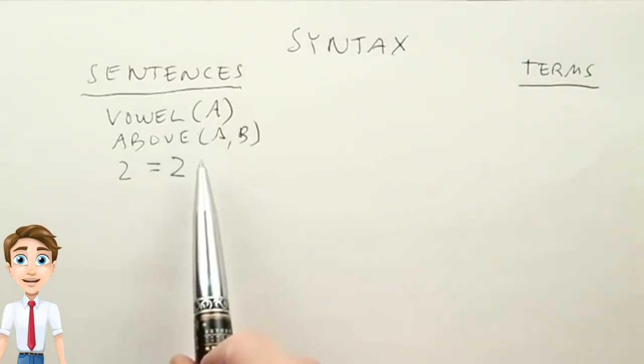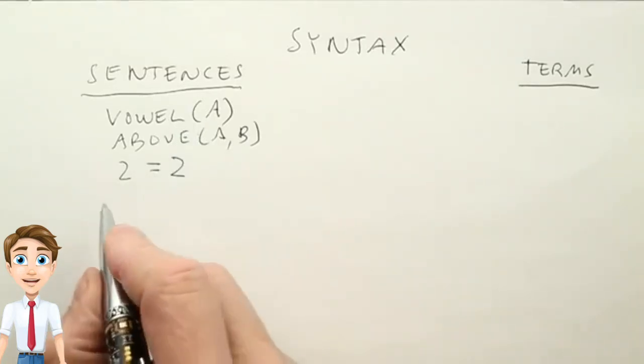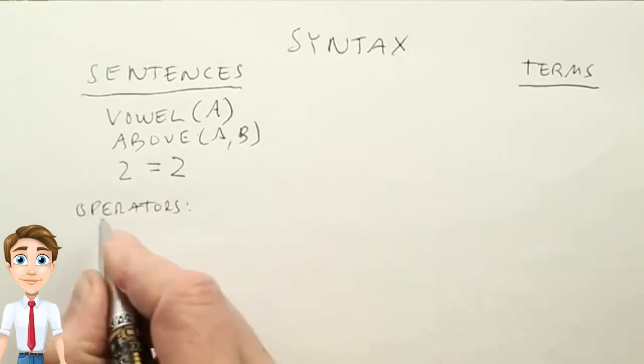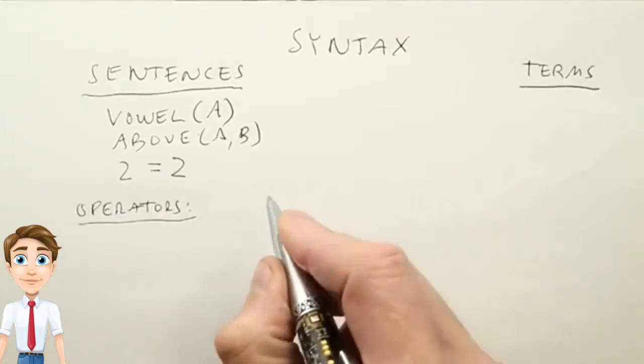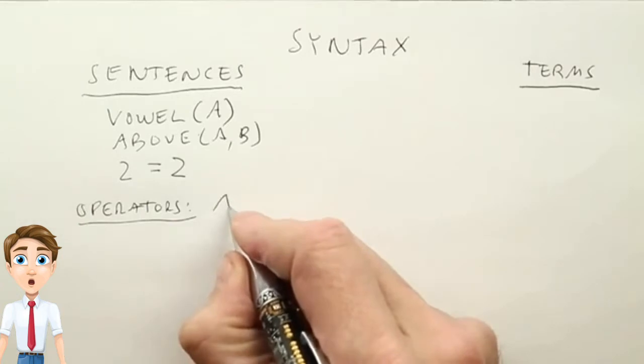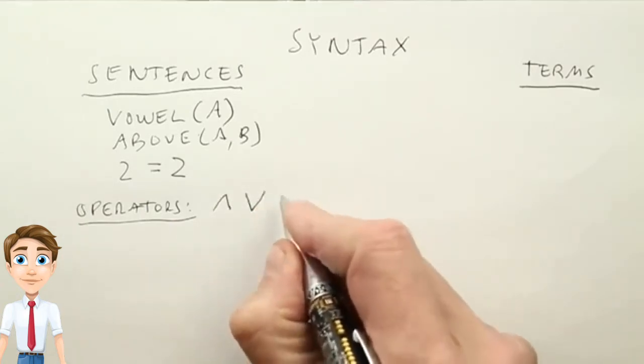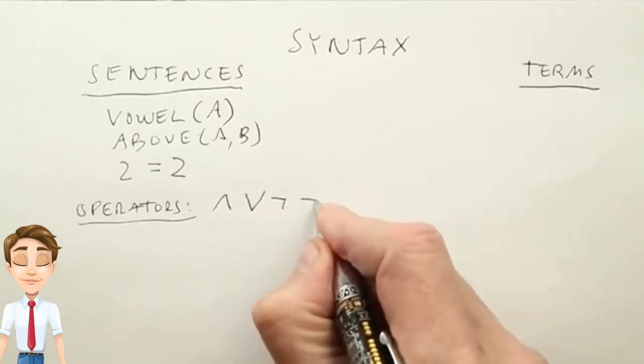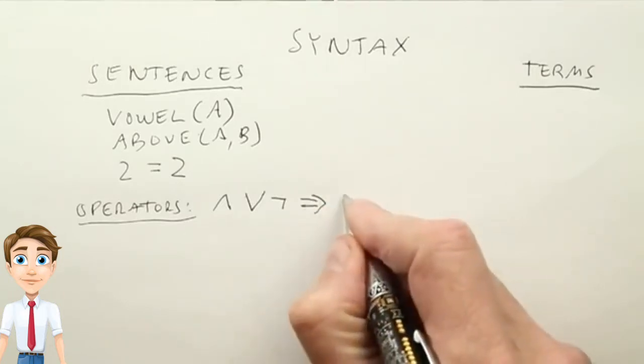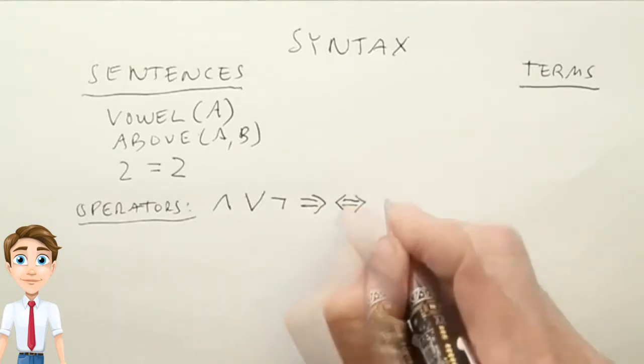And sentences can be combined with all the operators from propositional logic. So that's and, or, not, implies, equivalent, and parentheses.